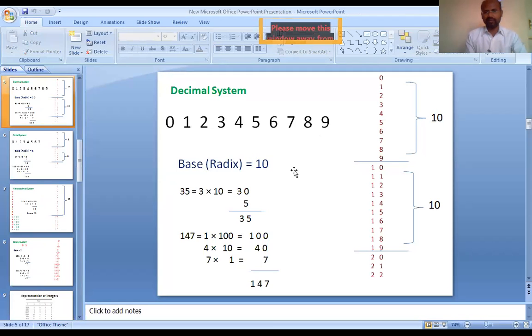Next, this is how we carry out the counting: 0, 1, 2, 3, 4, 5, 6, 7, 8, 9. After using all the symbols one time, and if there are more items to be counted, then just like a stone, we write 1 beside it. What this 1 says is we have used all the 10 symbols one time, and the next one is 0, and then 1, and then 2, and so on.